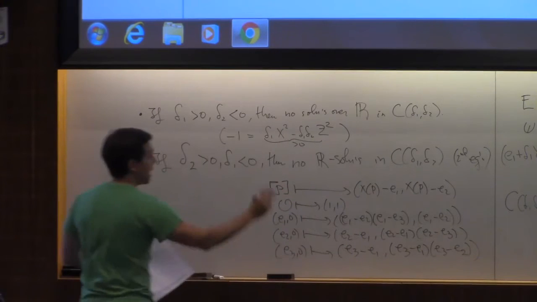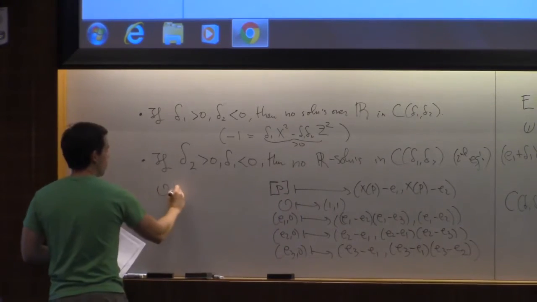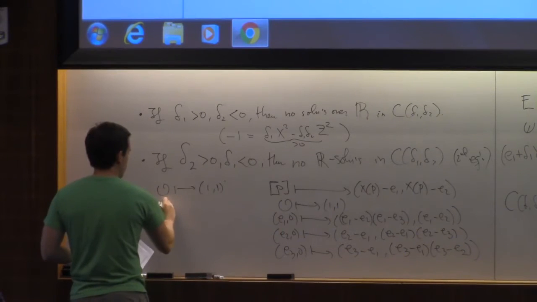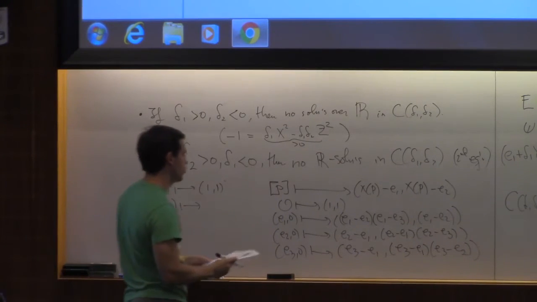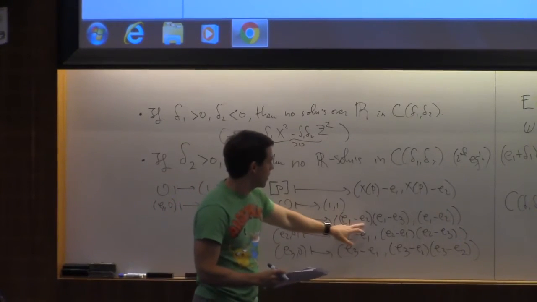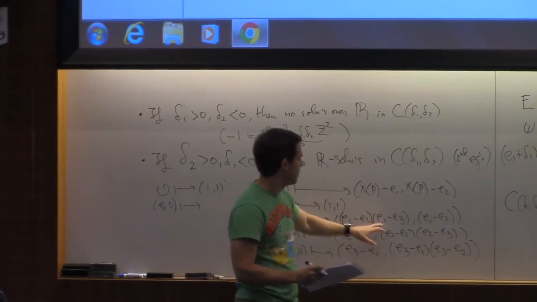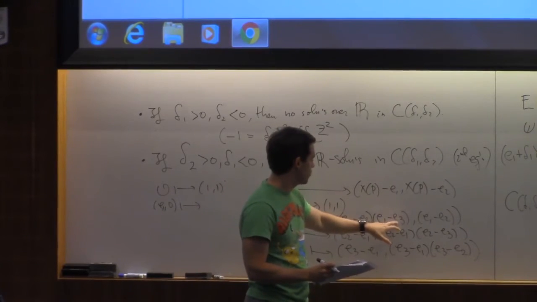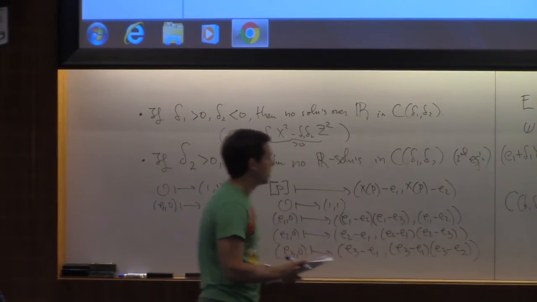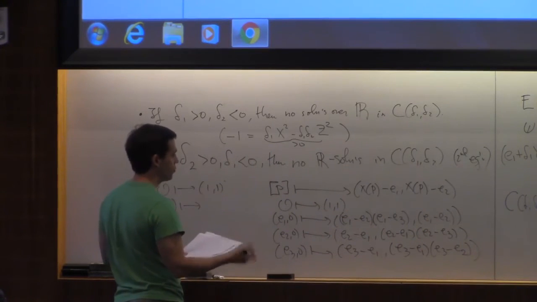Okay, so in my particular example, O goes to (1, 1). I've already marked that. (e1, 0) is going to go to, e1 is my 0, so it's (0 minus 1) times (0 minus 1), so this is minus 1, comma, e1 minus e2, again it's minus 1.